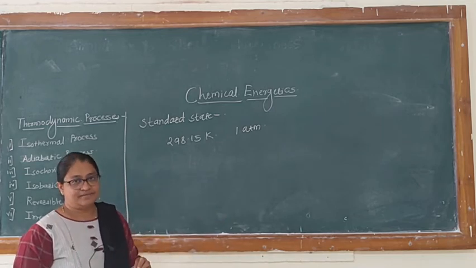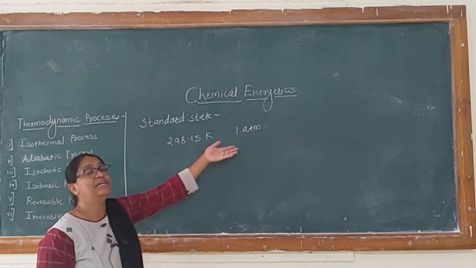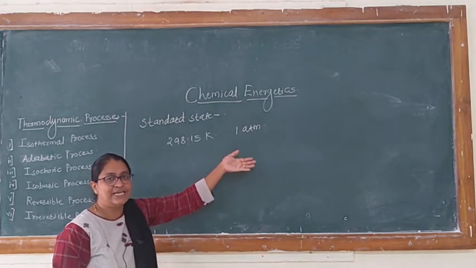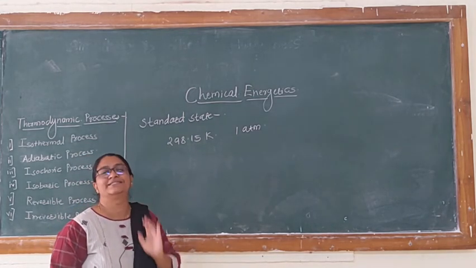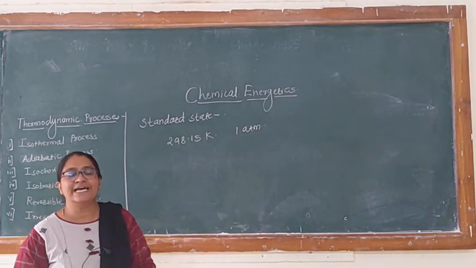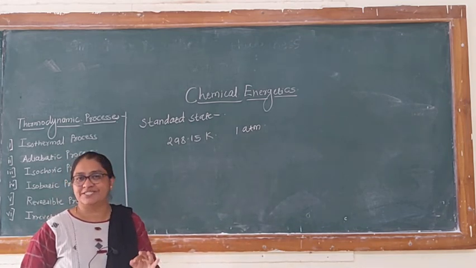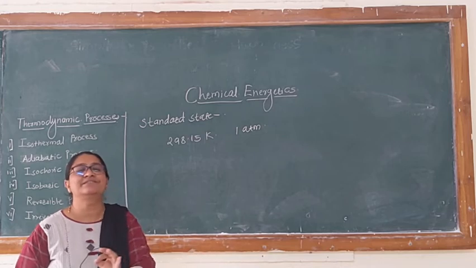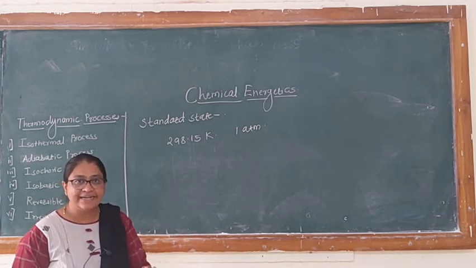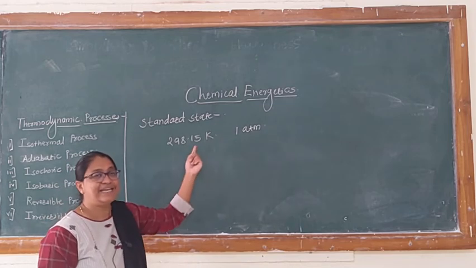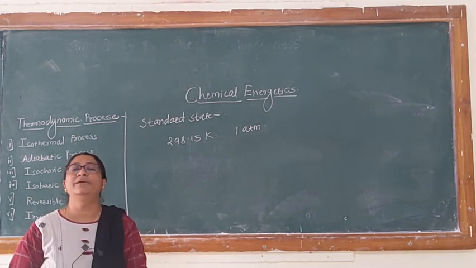The elements, when they are present at these conditions, their enthalpy is considered to be zero. For example, hydrogen gas at this temperature and pressure is in a gaseous state, and its enthalpy is considered to be zero. Another example, liquid bromine.